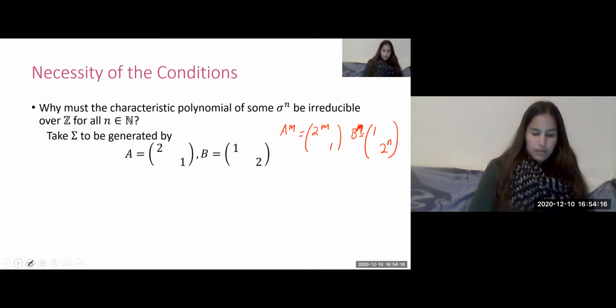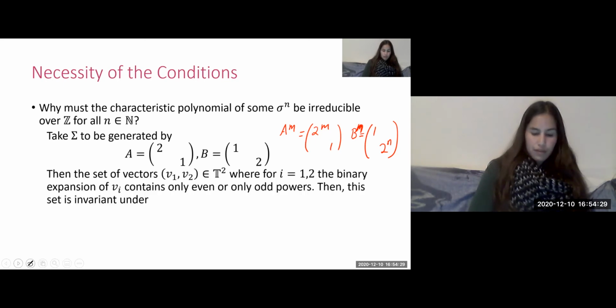Now I claim that you can find an infinite invariant subset for these that is not going to be dense. The subset that I'm going to take is the set of vectors where each coordinate contains either only even or only odd powers.